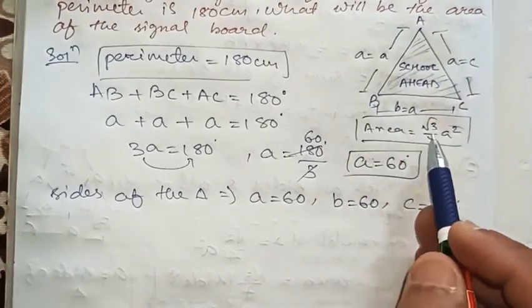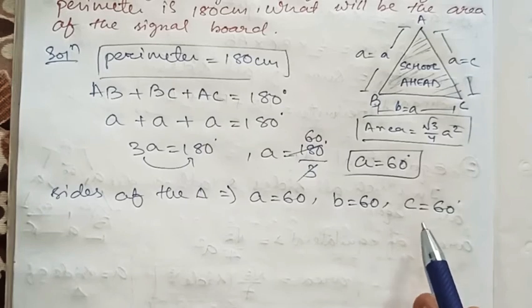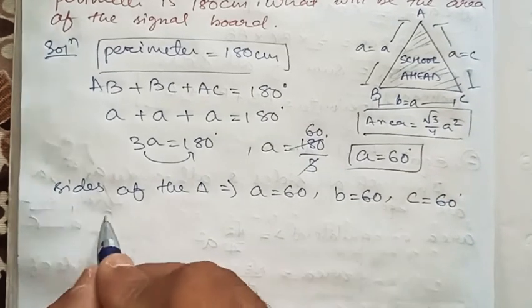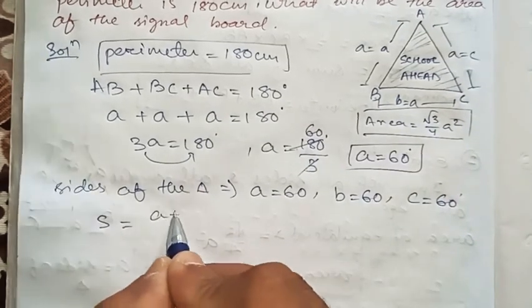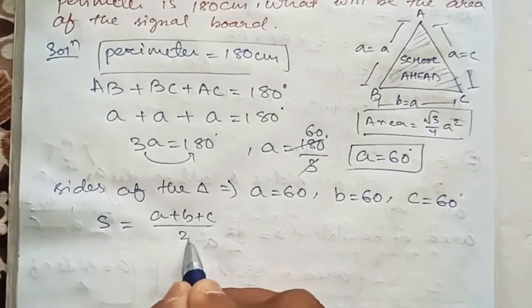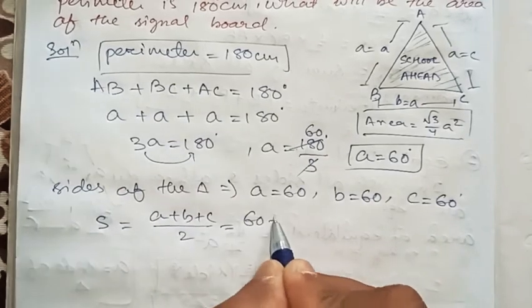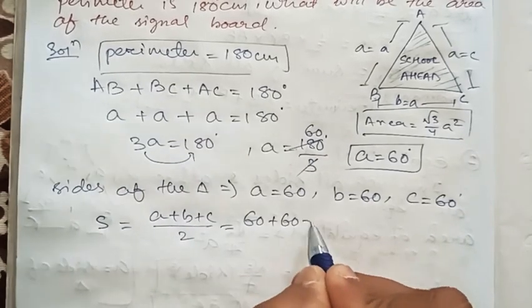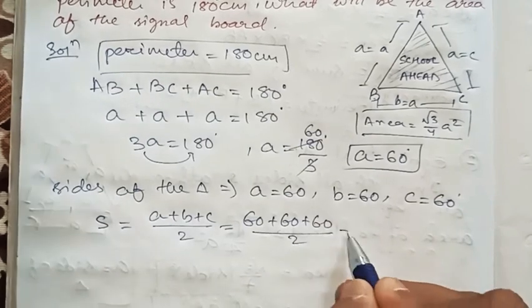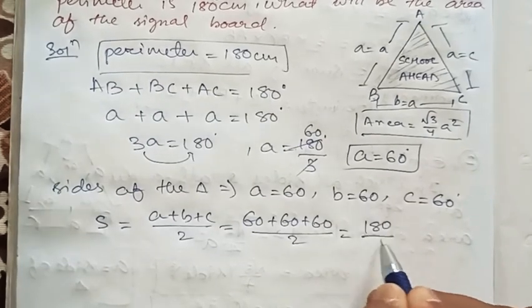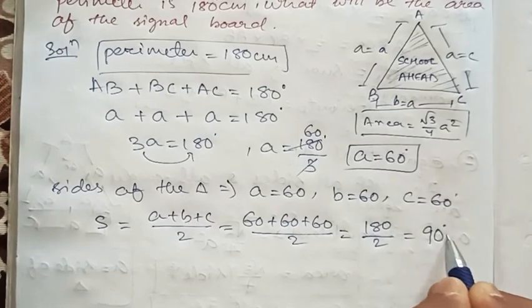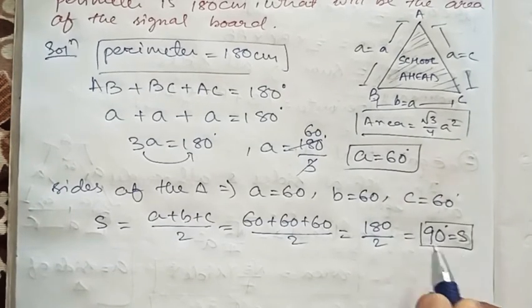All the sides are equal, so all the sides are 60. Now find out the value of s. s is a plus b plus c by 2, that is 60 plus 60 plus 60 by 2 equals 180 by 2 is 90. So the value of s is 90 we got.